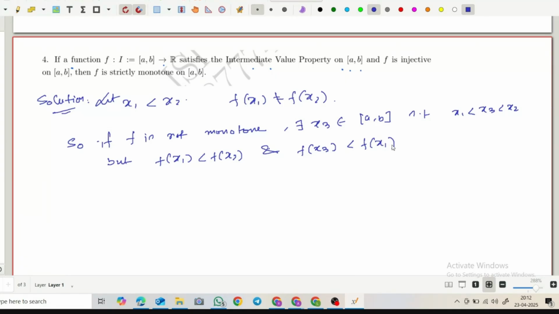We have to show that x1 and x2 are arbitrarily chosen. Now what we are trying to show is that, yes, that's right actually.